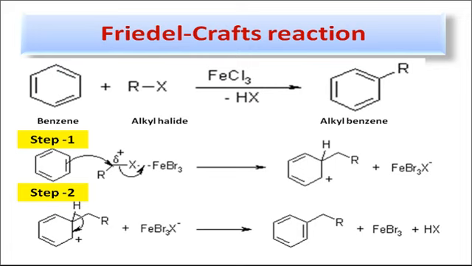For example, let us take the Friedel-Crafts reaction, when benzene is reacted with an alkyl halide in presence of a Lewis acid. Formation of alkyl benzene takes place. So what is the mechanism of this reaction? As this reaction is a type of electrophilic aromatic substitution reaction, as we have discussed just now, in the first step a carbocation intermediate is formed.